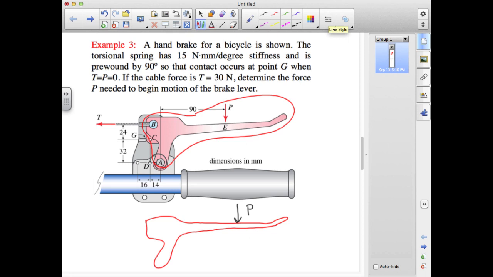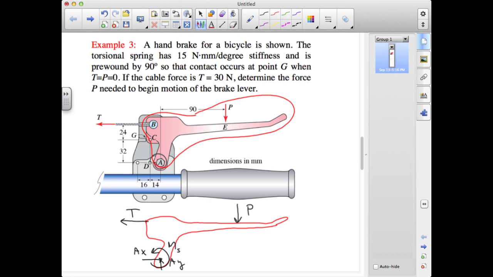We have our tension T, again, that we know up here at B. We have our forces AX and AY. And then we have a torsional moment from the spring. We'll use the information in the problem statement to figure out how large that is.